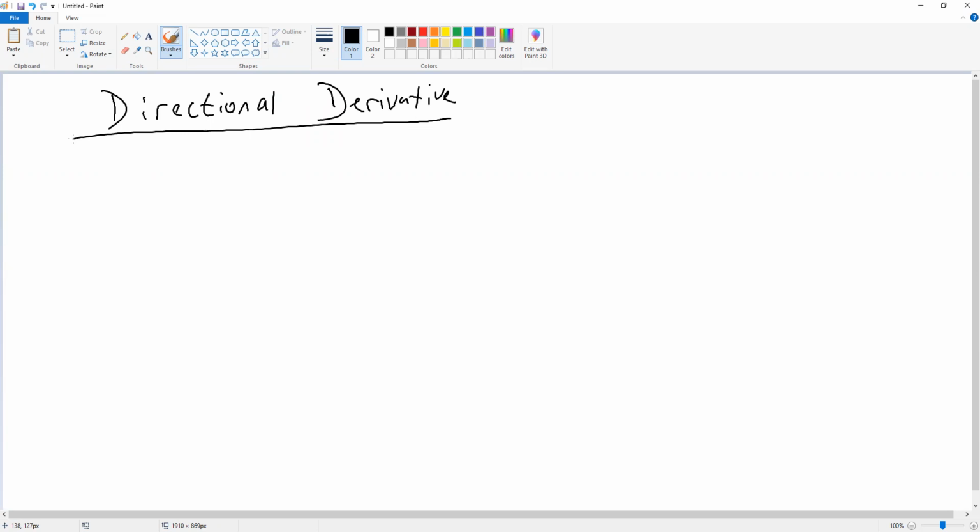We're going to look at directional derivatives. What do you think a directional derivative is going to imply? A derivative with a direction. Something with vectors.